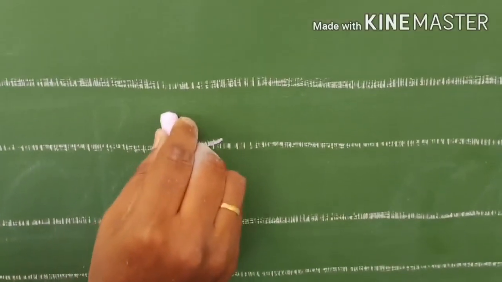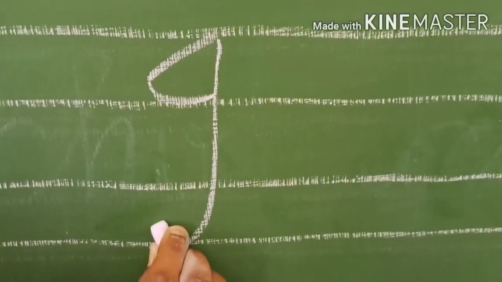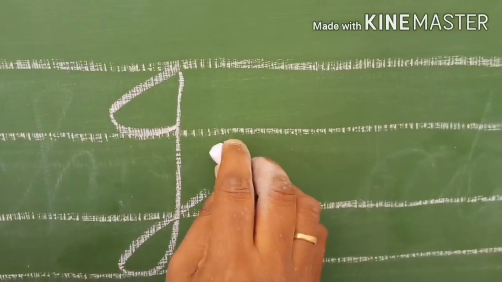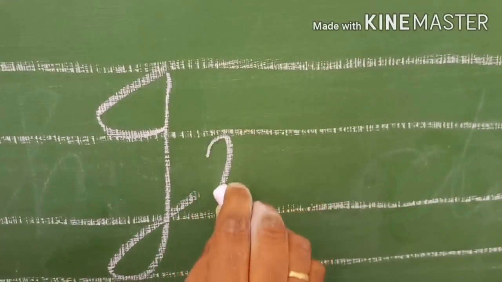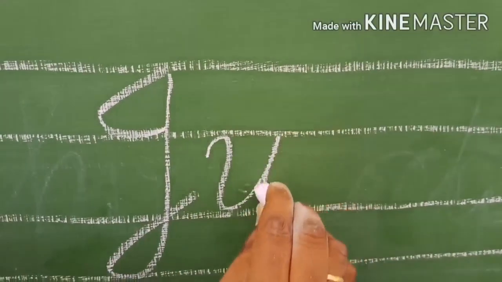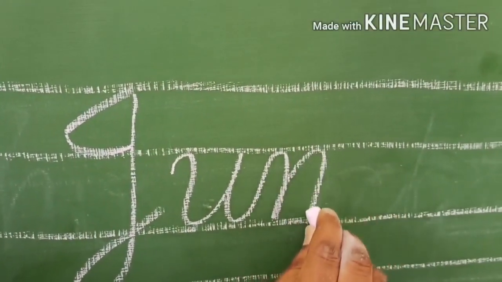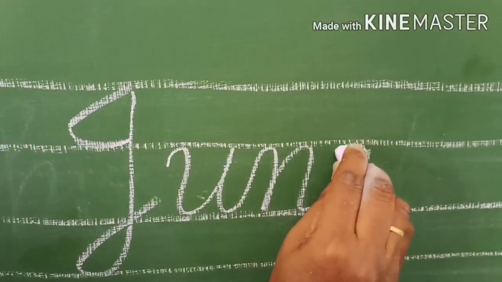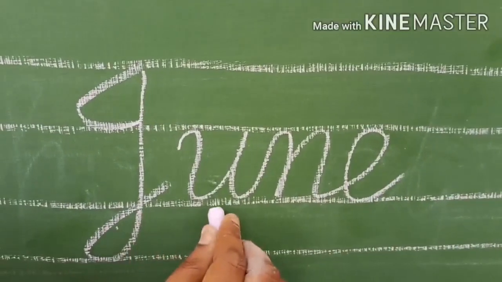June, you should write capital J, you should touch 4 lines: top line, middle line, base line and bottom line. U, you should touch the middle line and base line. N, you should touch the middle line and base line. E, you should touch the middle line and base line. June.